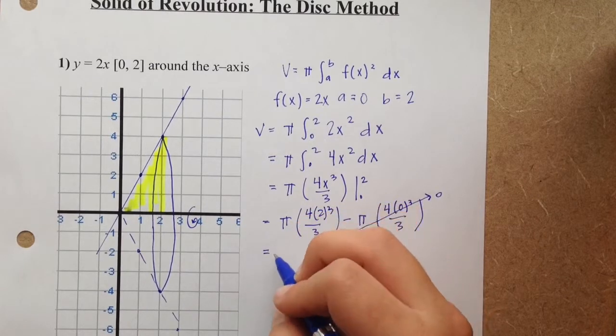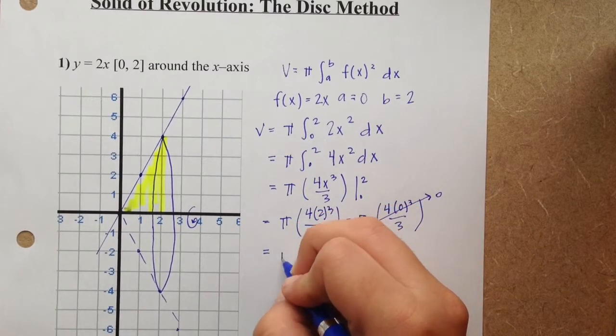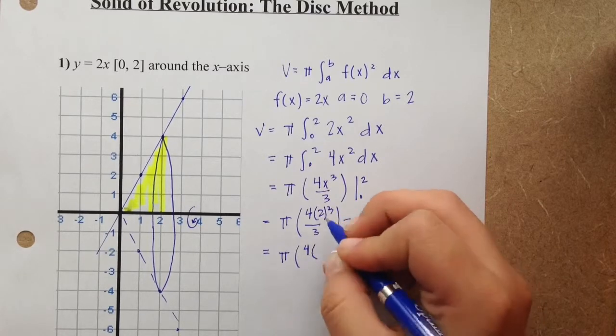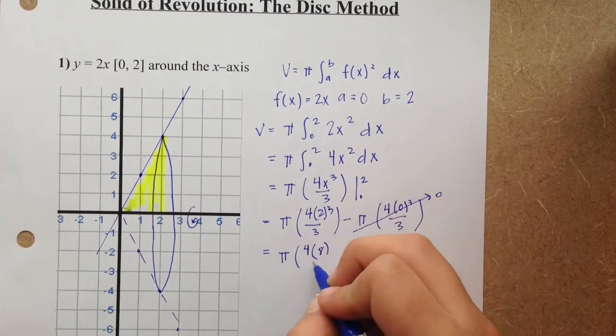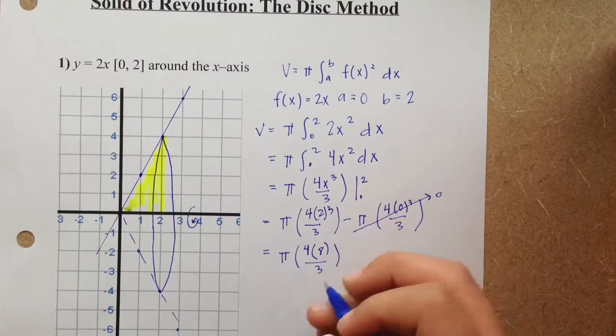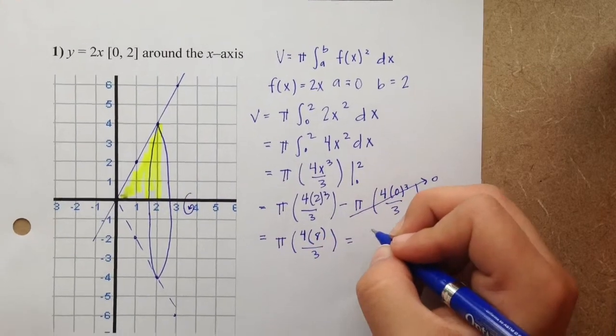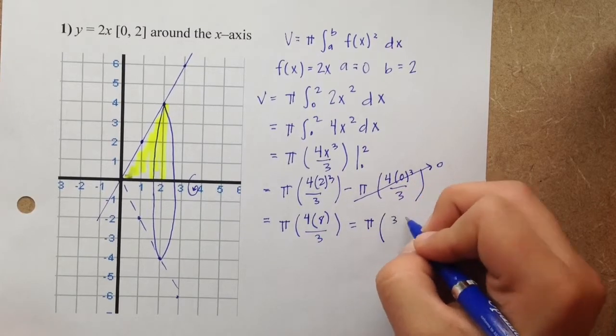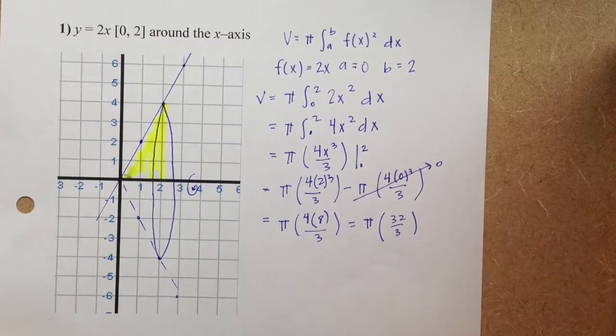So now we're just going to continue on with this part. So pi times 4 times 8 over 3, which is equal to pi times 32 over 3.